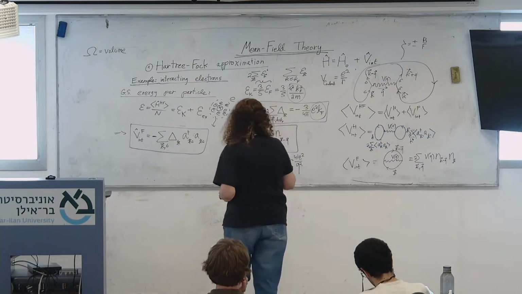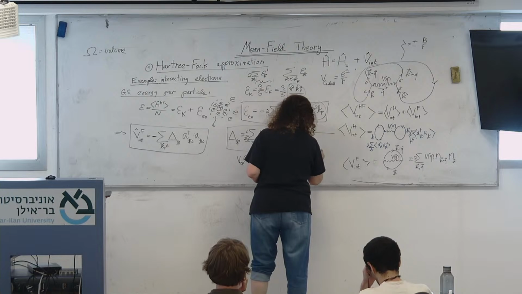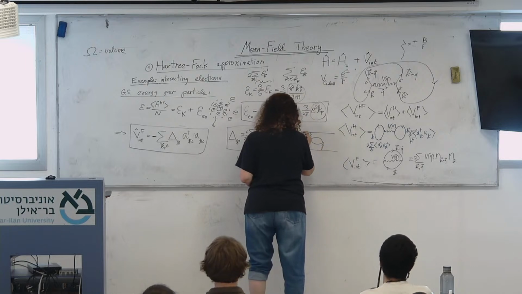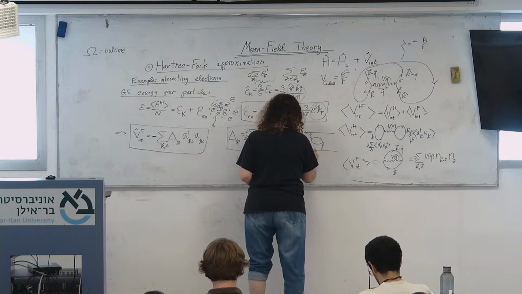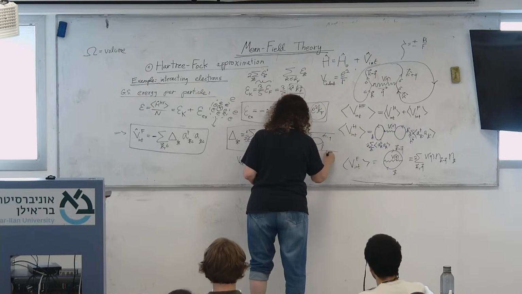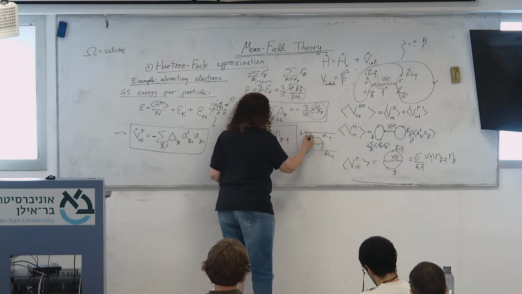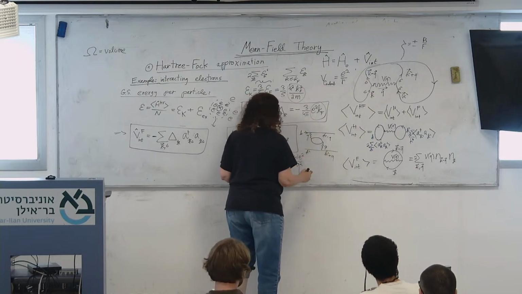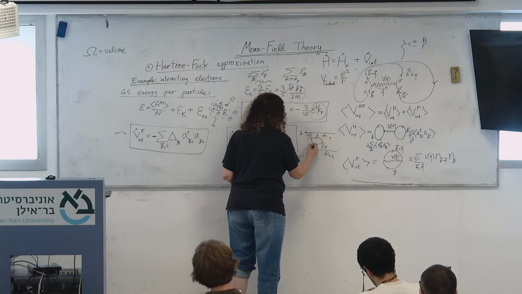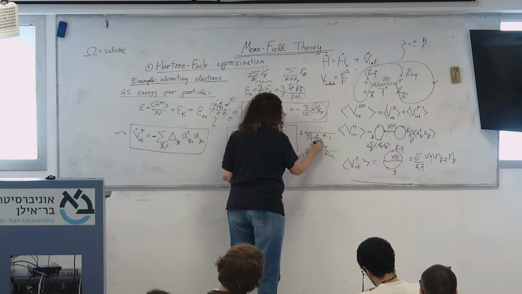So for example, in second order, you can have a diagram that looks like this. This is now a K and K prime and K minus Q, K prime plus Q, but in the middle this is Q, and here you have some K and K plus Q, or something like this.